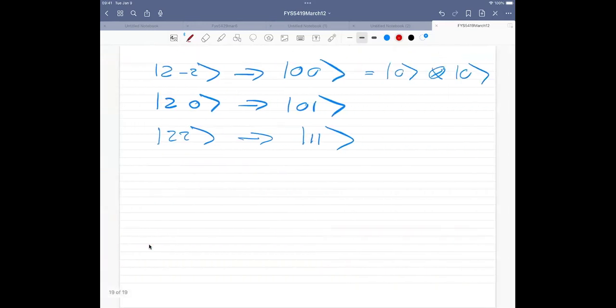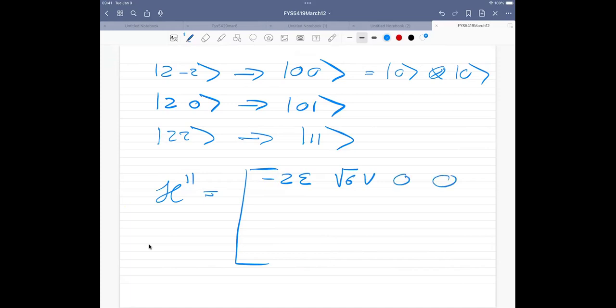Then my H double prime is something which I can rewrite as the following matrix. And I would have a minus 2 times epsilon. I have my square root of 6 times v, 0, but now I'm adding an additional row because I have the 0, 1 state, which I have not included.